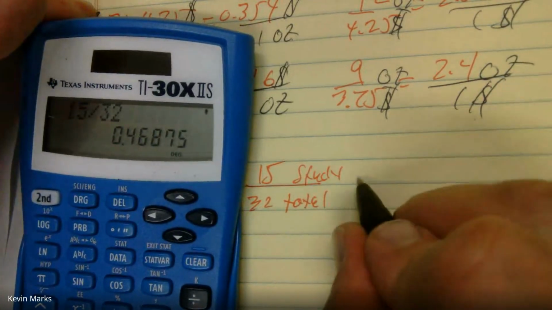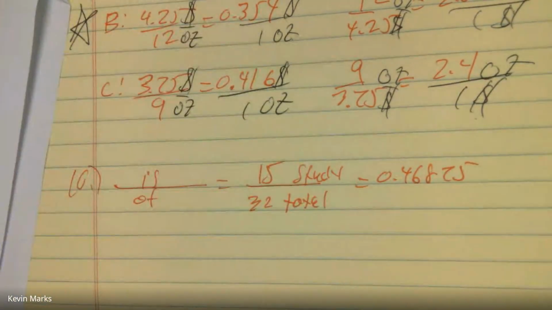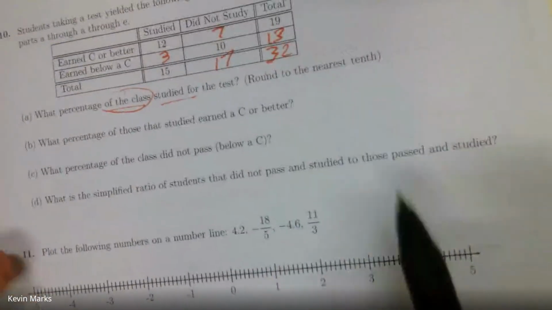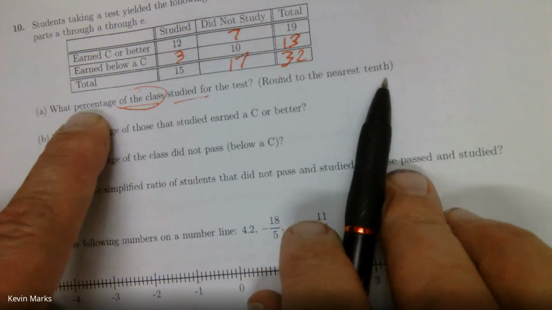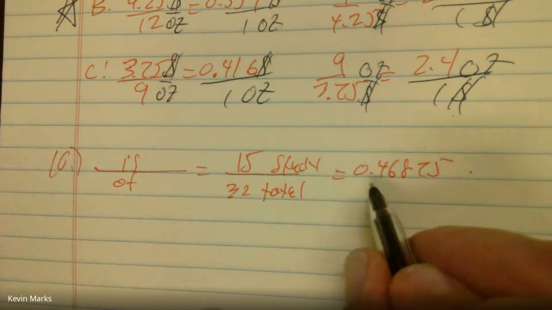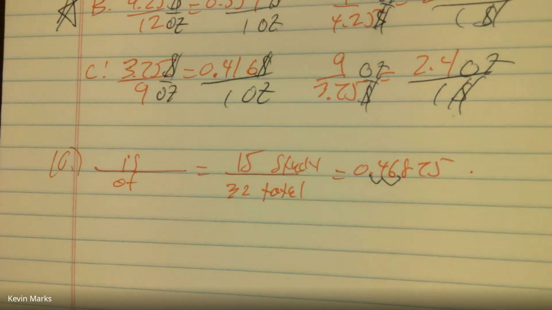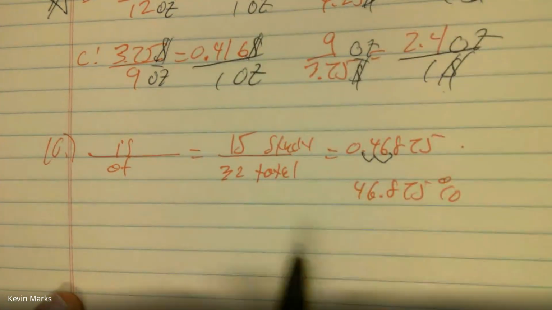There's the, well, 0.46875. Now hold on. It does say here round to the nearest tenth. But it wants a percentage. So first thing, when you pick up a calculator, this is the decimal. To get to a percentage, you move it over 2 slots. So this is really saying 46.875%.